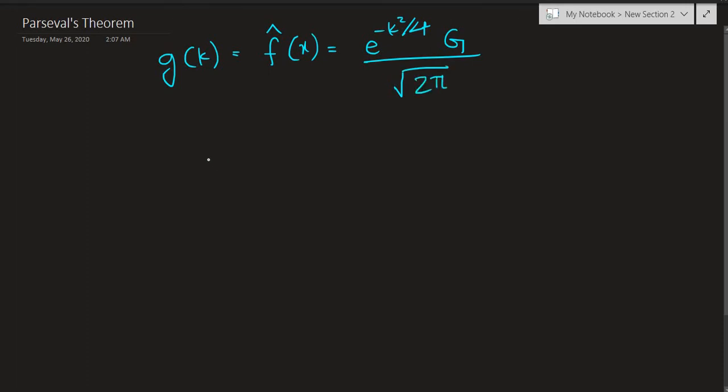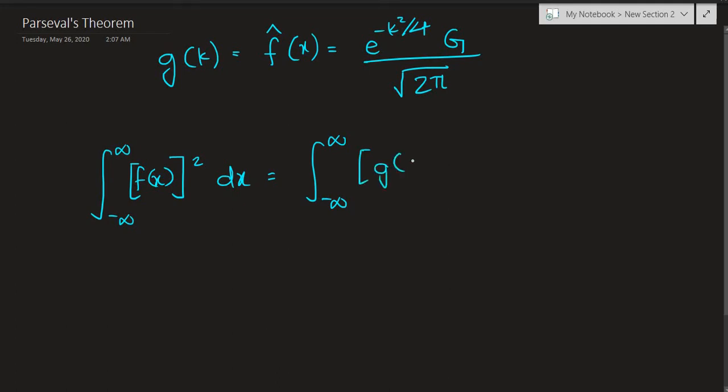And I would like to restate Parseval's theorem. The integral from negative infinity to infinity of f of x, the whole thing squared, dx, is equal to the integral from negative infinity to infinity of g of k, but the whole thing squared, dk.